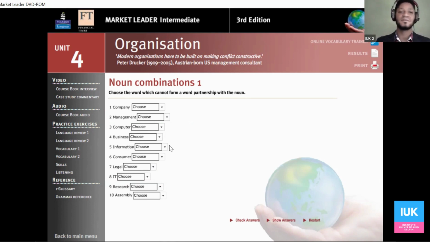Number five, information desk, technology, or house? So do you say information technology or information house? Which of them does not fit the word information?